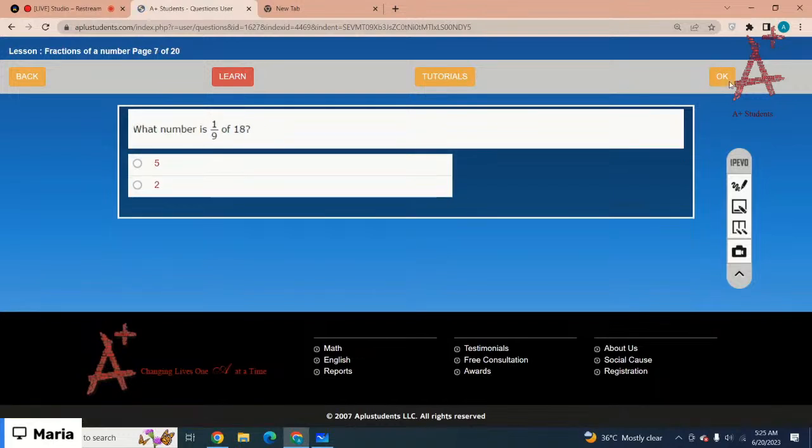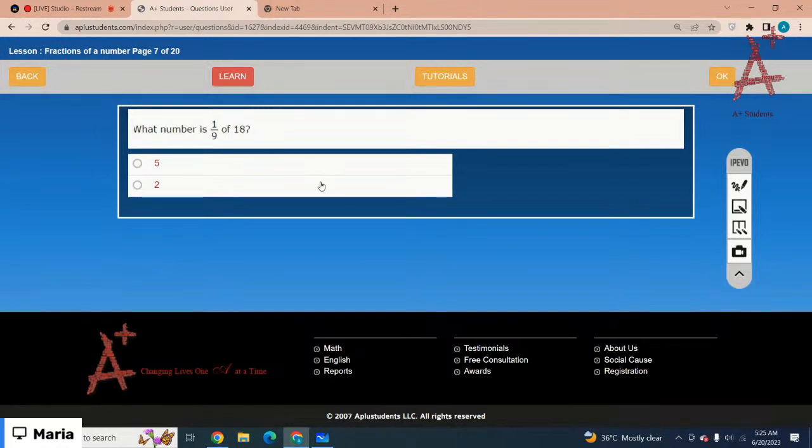Okay, the next one is, what number is 1/9 of 18? So which is the correct option? Yes, that would be just 2.